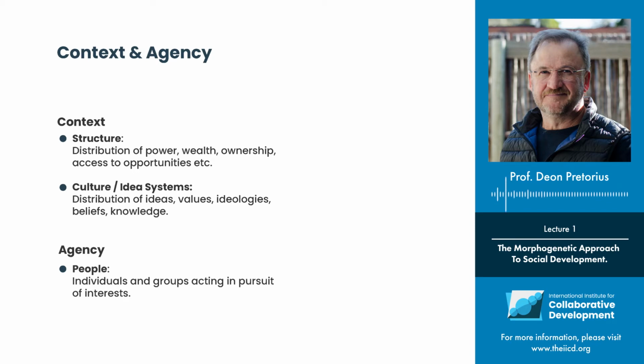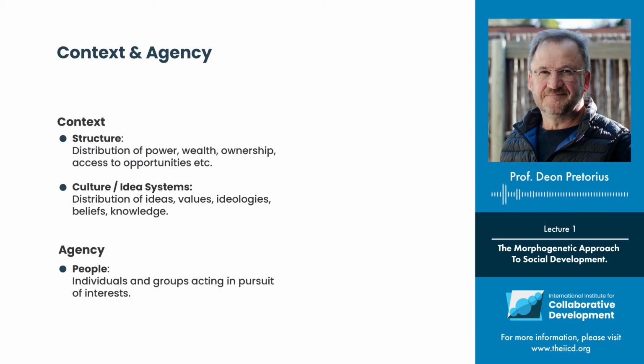The distribution thereof, the patterns of distribution. So that's the structure. Culture or idea systems refer to the distribution of ideas, values, ideologies, beliefs, knowledge, mindsets, etc. Again, the relationship between those and the patterns that they take on.